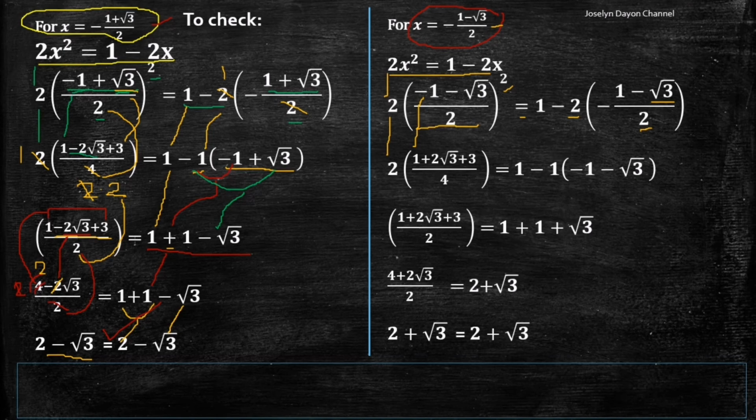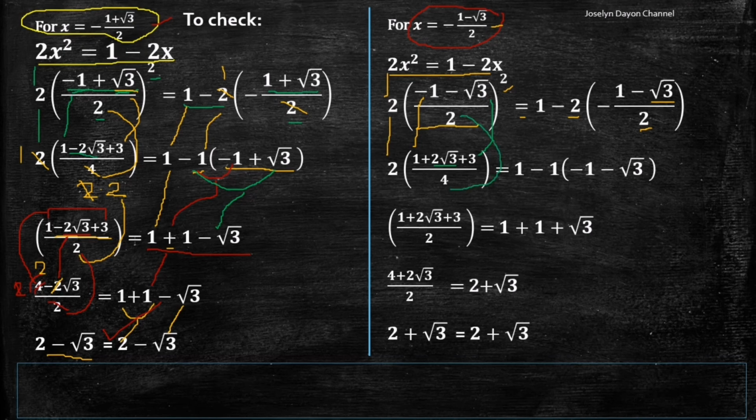The answer is 2 square root of 3. And for the third term, we have square root of 3 squared. The answer is 3. Next, in our denominator, we have 2 squared. So 2 squared, the answer for that is 4.